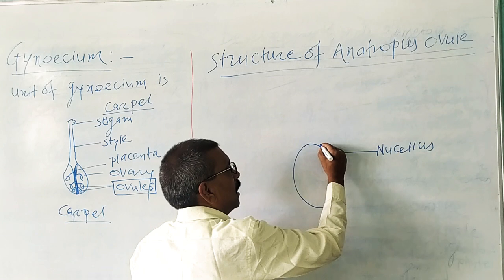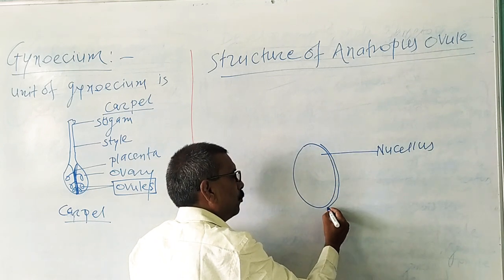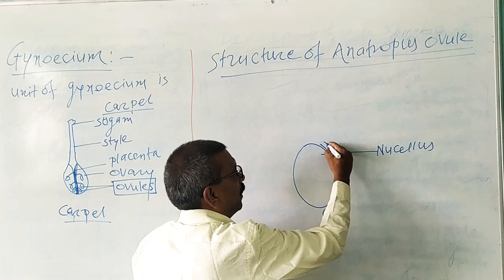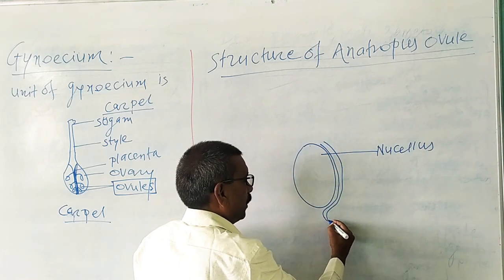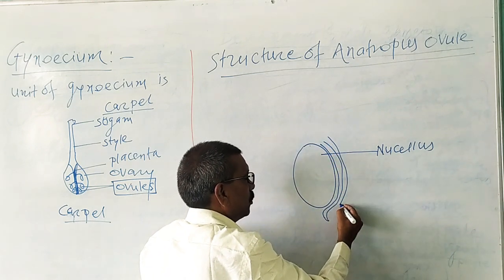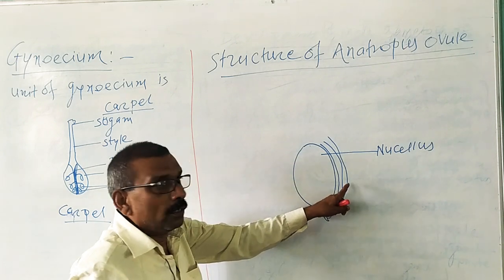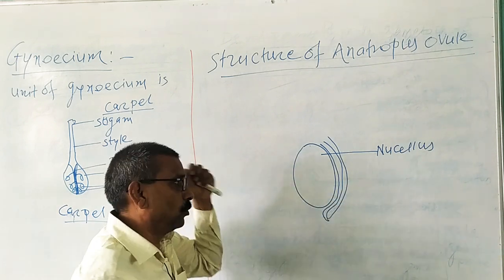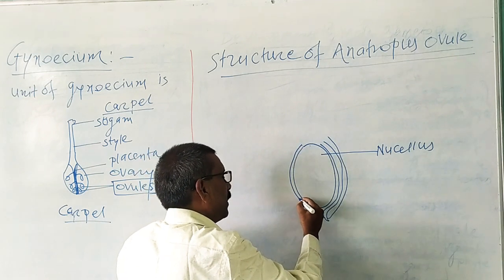This mass of cells is covered by a protective covering. That protective covering is known as the integument. In the case of the angiospermic ovule, the integument is two-layered. Hence the ovule is known as a bitegmic ovule.